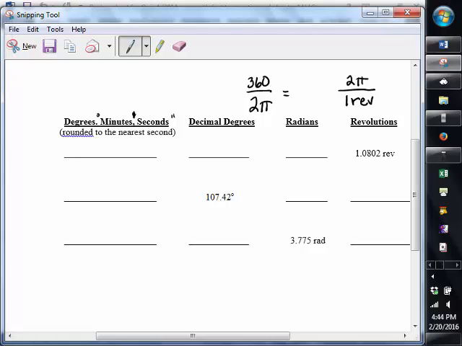1.0802 revolutions. To convert that into radians, well, 1 revolution would be 2 pi radians, so if we set up a proportion, we would have 1.0802 revolutions. Cross multiply and divide.